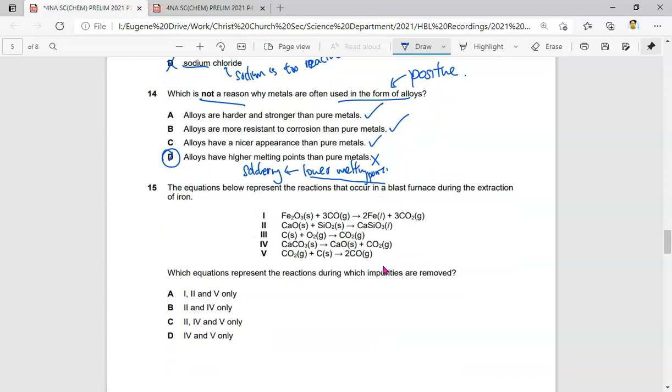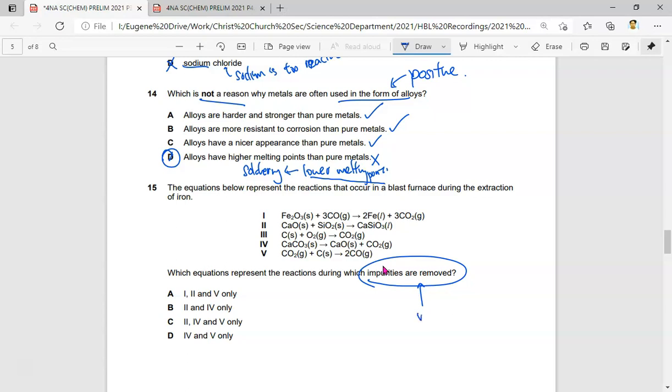Okay, question 15. The equations below represent the reactions that occur in a blast furnace during the extraction of iron. Which ones represent where impurities are removed? For impurities removed, I will need to look at the idea of removing.